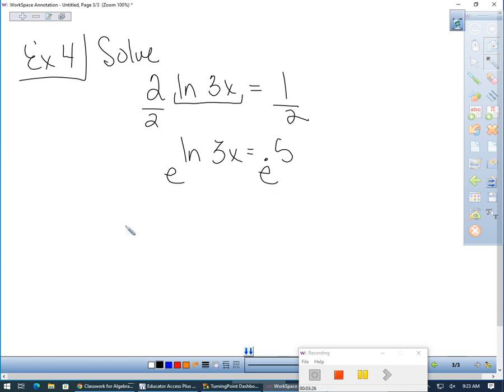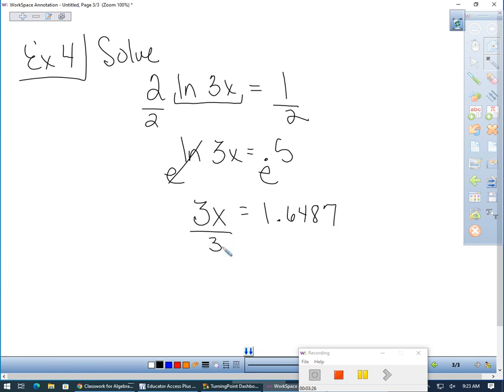Now that this term is by itself, we can go ahead and make e the base to both sides. On the left-hand side, the e and the natural log will cancel, so I have 3x. On the right-hand side, you're going to type in your calculator e to the 0.5, and you get 1.6487.